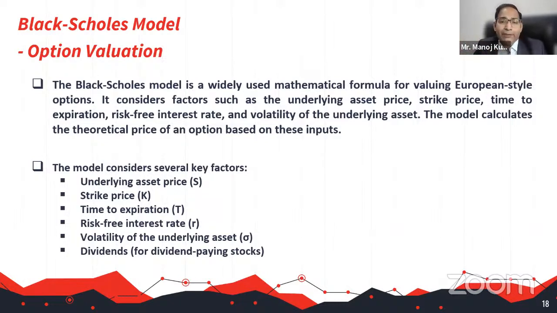Here different factors like underlying asset's price, strike price at which it can be converted, time to expiration, so when the right is arising, then the risk-free rate of interest going on in the market, and the volatility of the underlying assets. Let's say if it is getting converted into equity, the volatility of the price of that equity can be the determining factor.